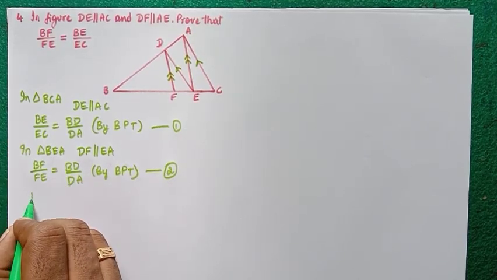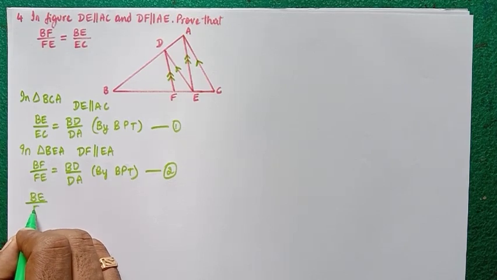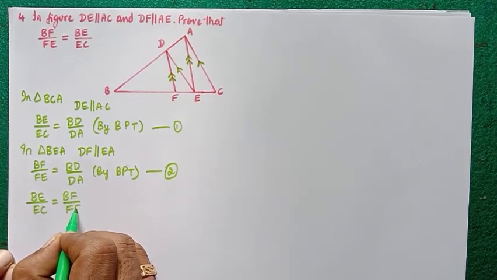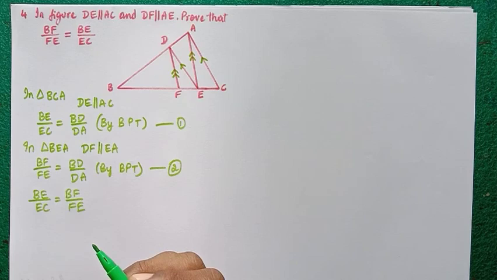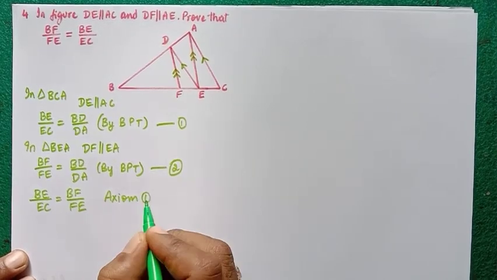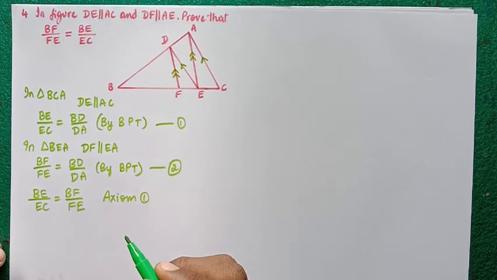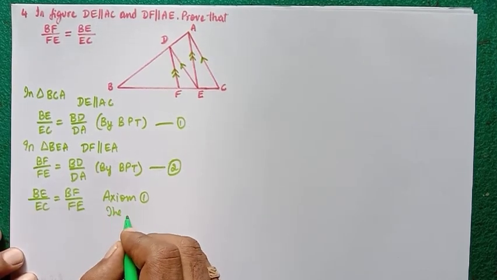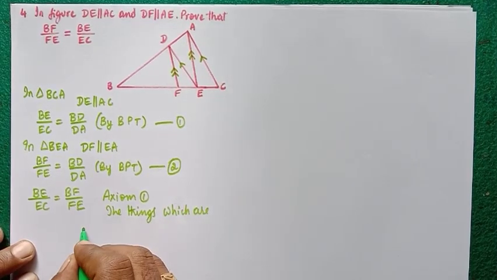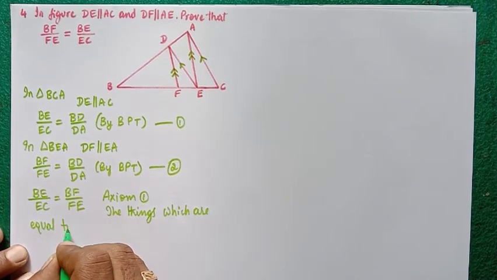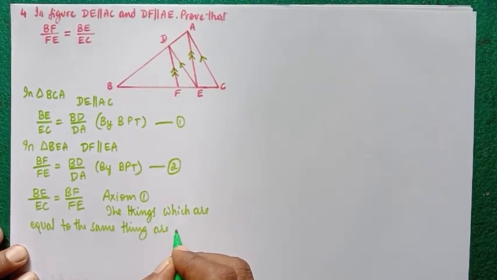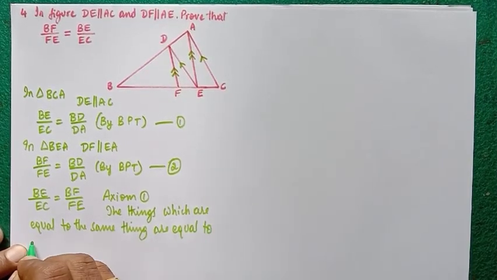So we can write BE by EC is equal to BF by FE, by Axiom 1, that is, the things which are equal to the same thing are equal to one another.